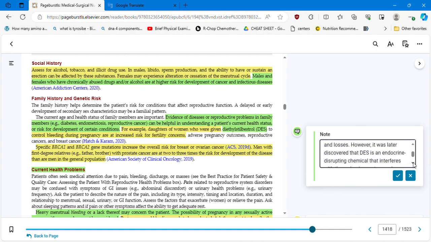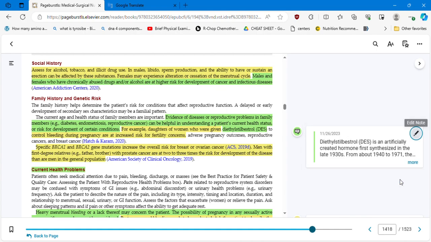However, it was later discovered that DES is an endocrine-disrupting chemical that interferes with the endocrine system and can potentially cause cancer, birth defects, and other developmental abnormalities. Thank God it's not available, but the side effects are still present in some generations.